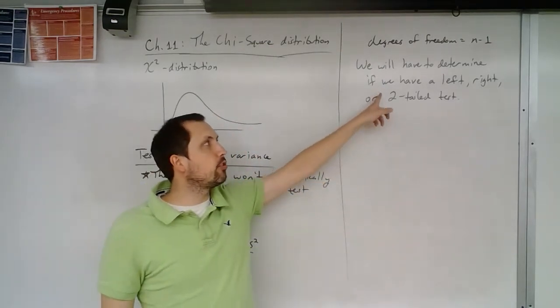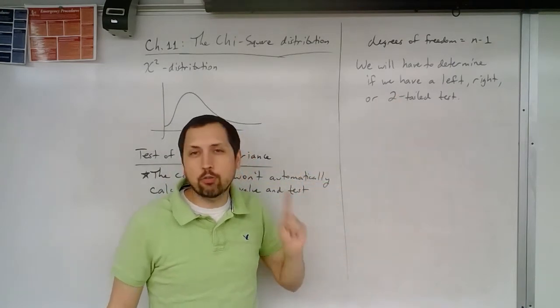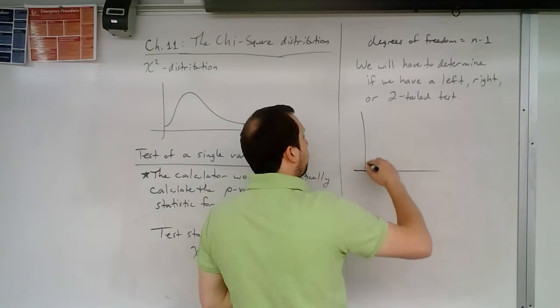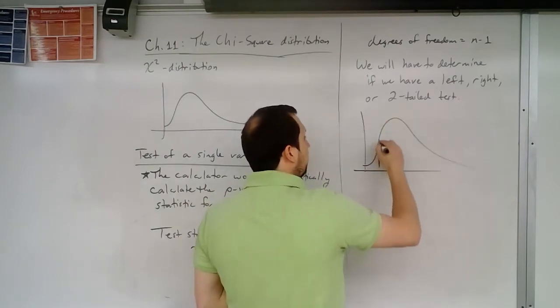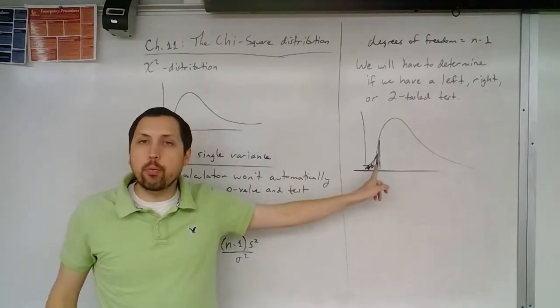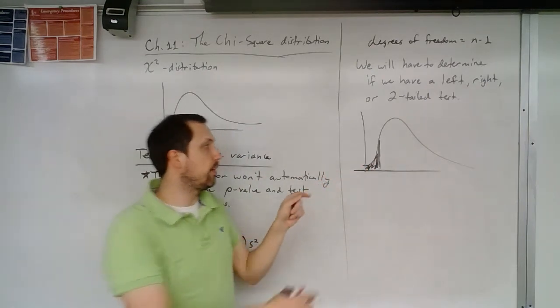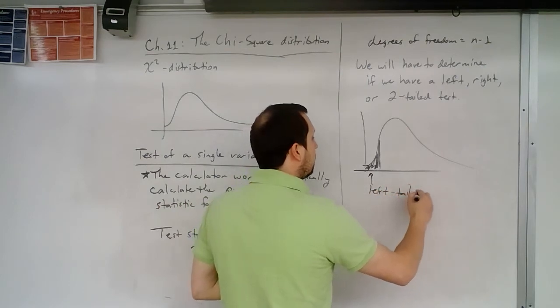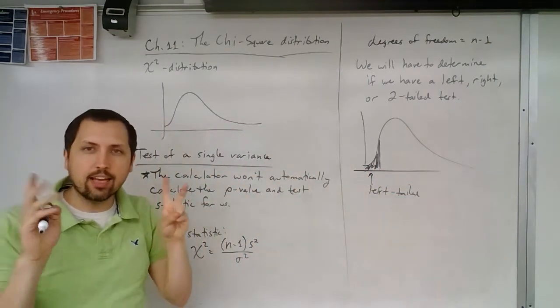But we're also going to have to determine if we have a left, a right, or a two-tailed test. When we look at our distribution here, we're going to figure out, to be as extreme or more extreme, are we going to be over here? If we're over here, this is a left-tailed test. We're on the left of the 2 tail ends.